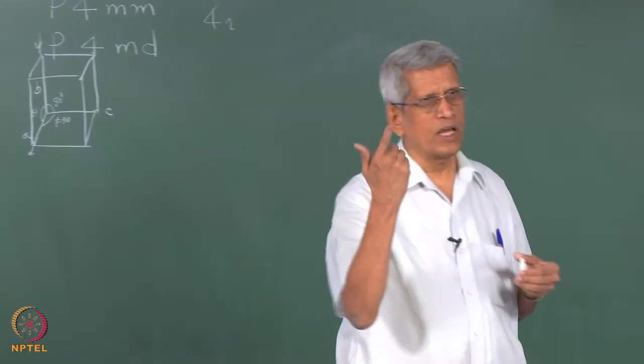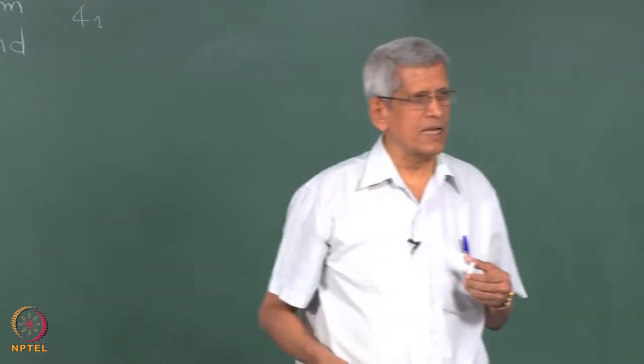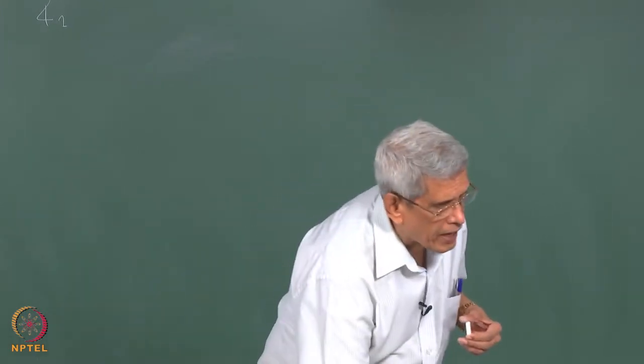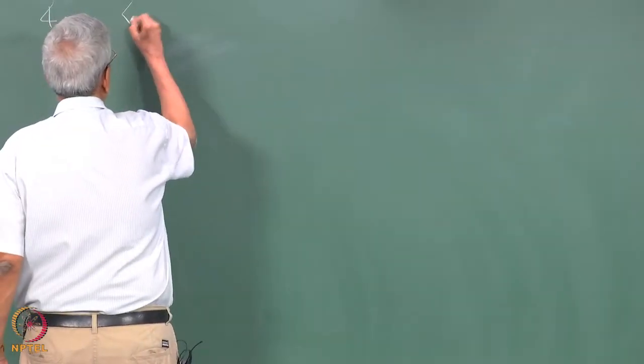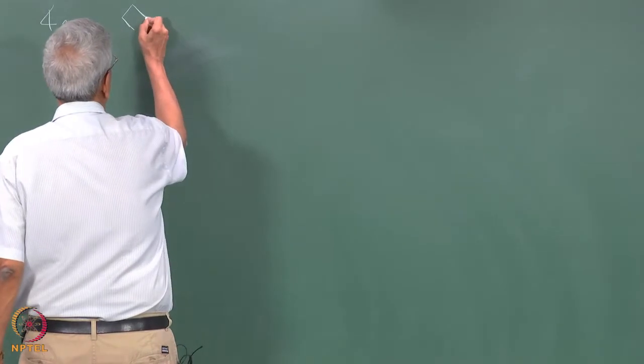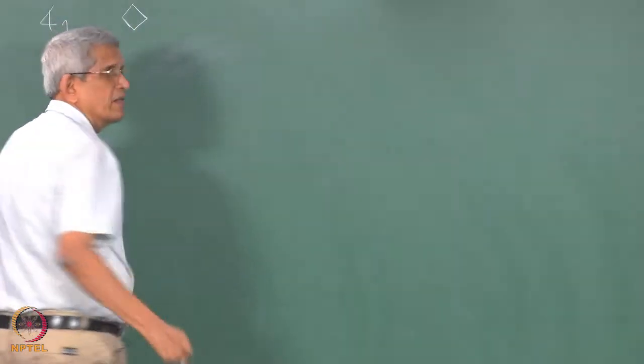When you do that 4 times, we will be reaching the next lattice point, okay? And that symbol is shown this way, okay? That's essentially how, for a 4-fold, we show the symbol like this.